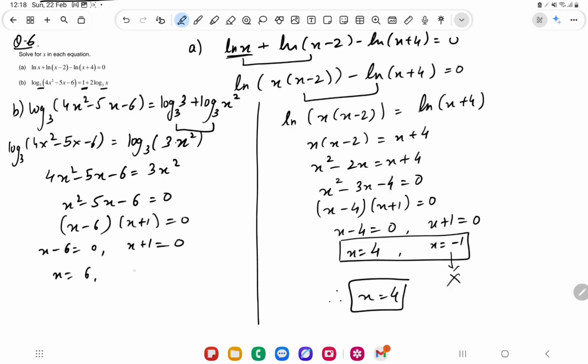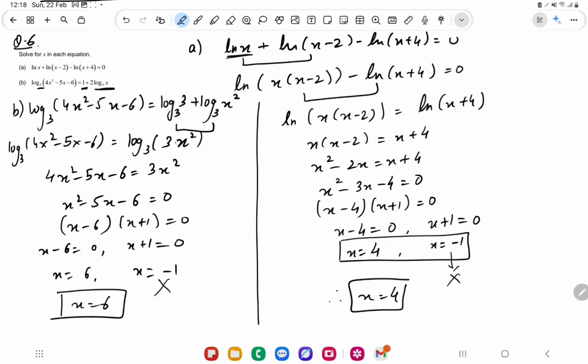This will give me x as 6 and this will give me x as minus 1. Again we have log x in the expression. So x is equals to minus 1 we will reject because this term results in an error. So x is equals to 6 is the solution for the B part.